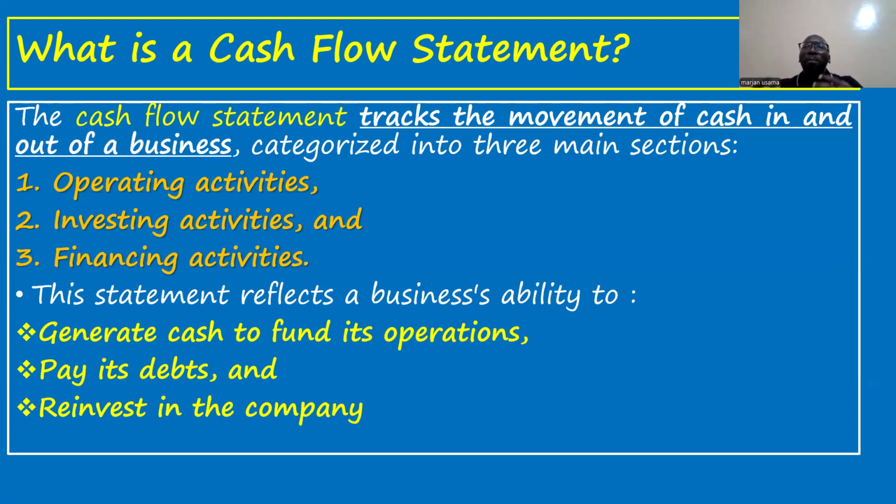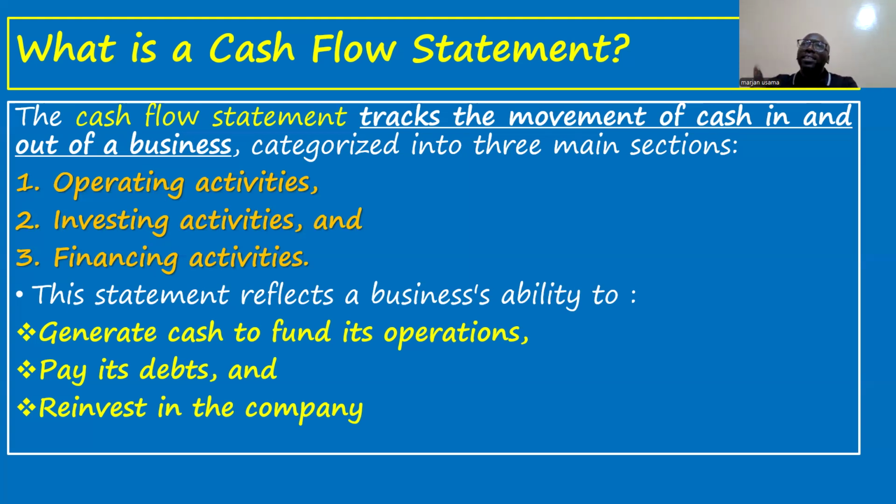Can we generate more money to run our business? Can we generate more money to pay Al-Duyun? Because we need money to pay Al-Duyun. But if we don't have money, we cannot pay Al-Duyun. Then number 3, can we get money to reinvest?